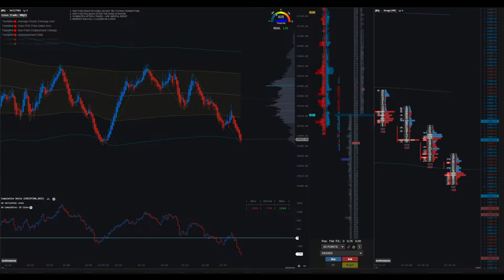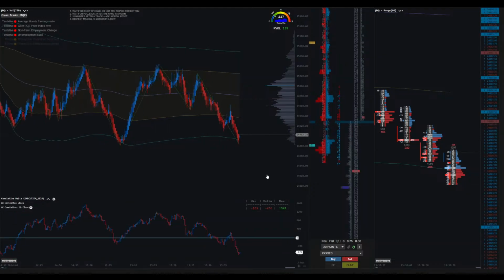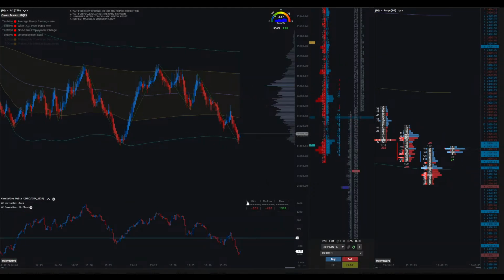Look at that. Minus 700. I mean, a lot of selling, but are we making progress? Are we gonna run these stops and fly up? I mean, we are pretty deep now.